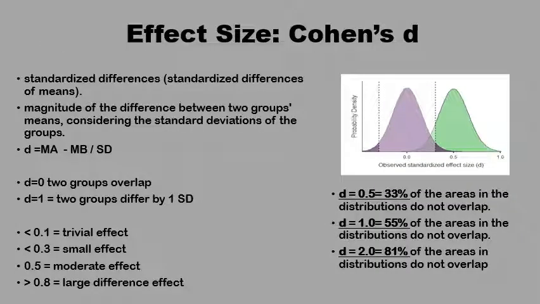And finally, a very similar way to the standardization of figures by z-score can be used to standardize difference between two separate groups in terms of their pooled standard deviation.